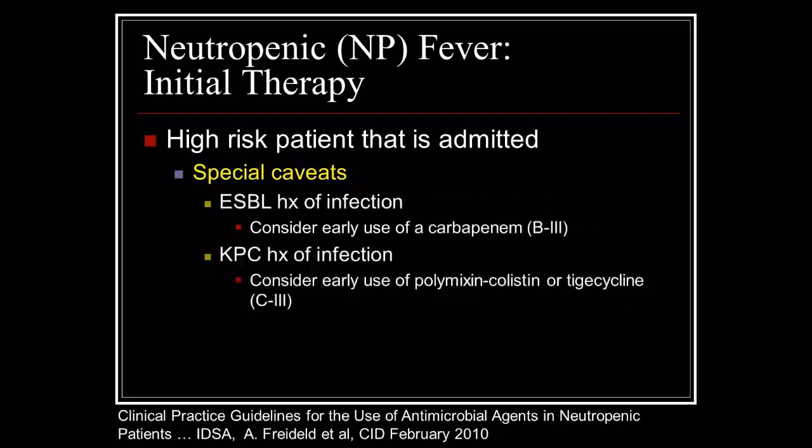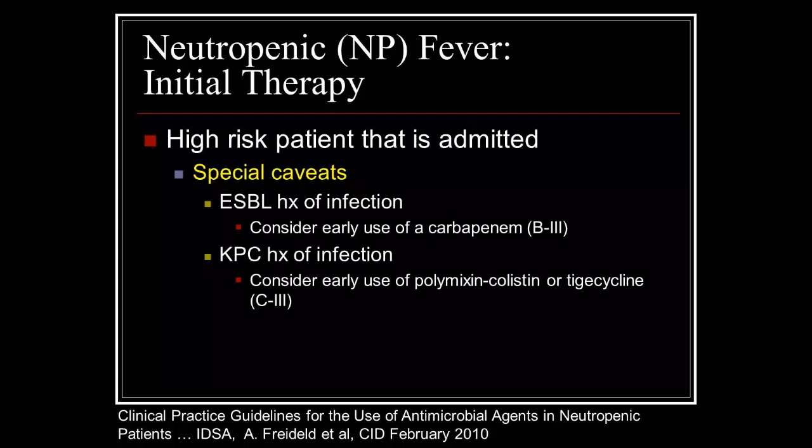If a patient has a history of ESBL infection, consider early use of a carbapenem like meropenem instead of cefepime or piptazo. If there's a history of KPC infection, you need to consider early use of polymyxin, colistin, and tigecycline.